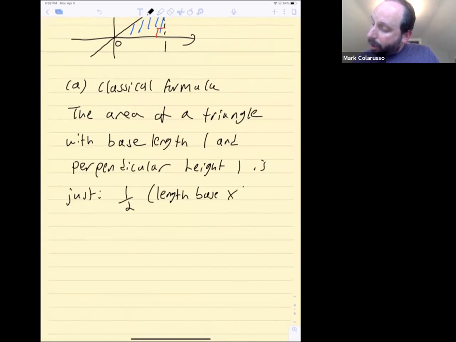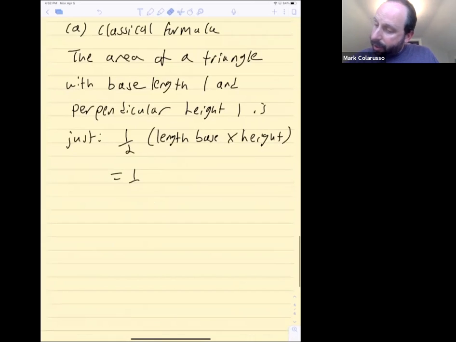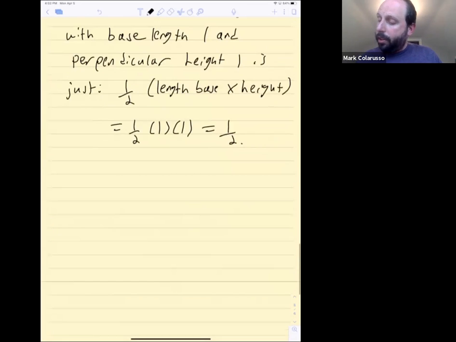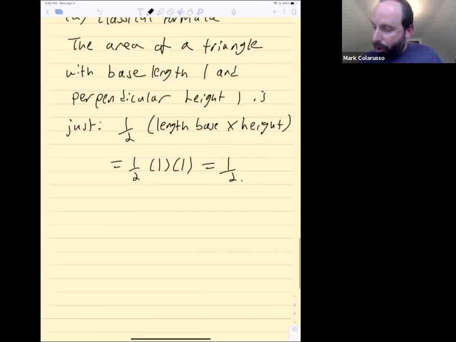In this case, half times 1 is 1/2. Okay, so that we just know from basic geometry.